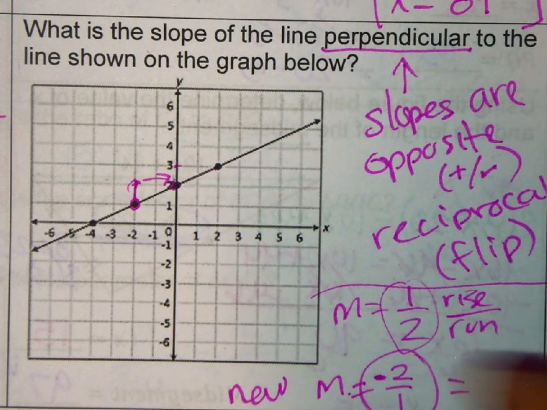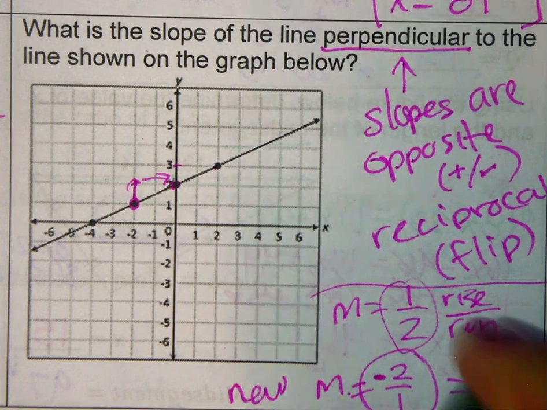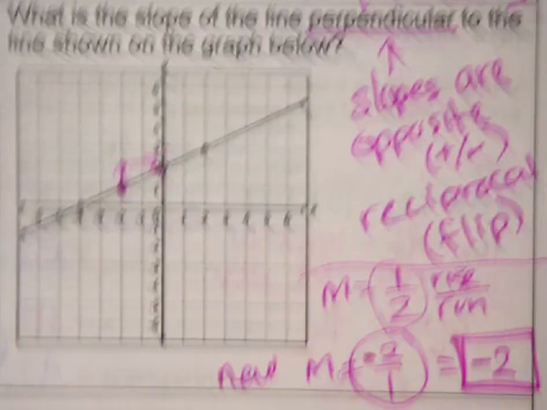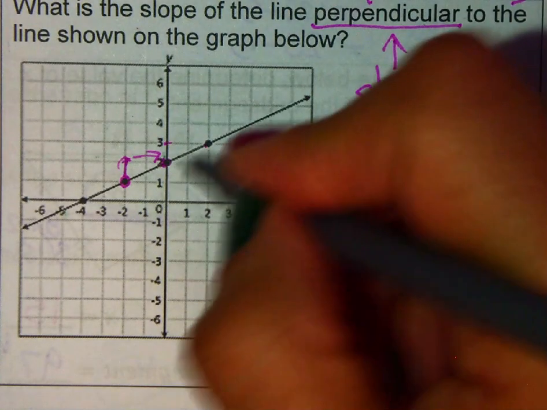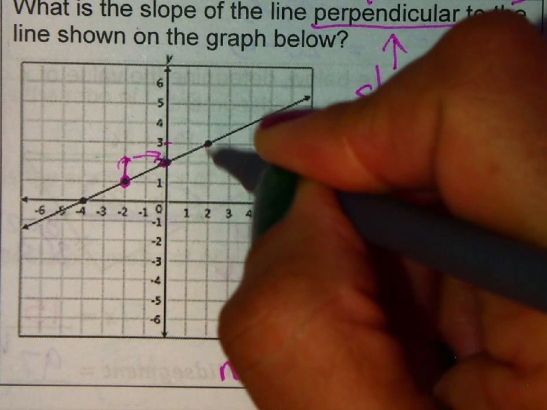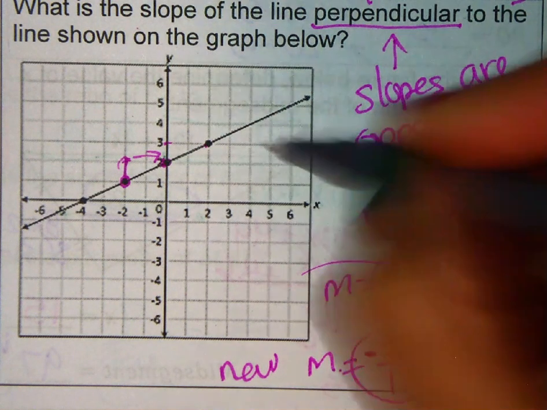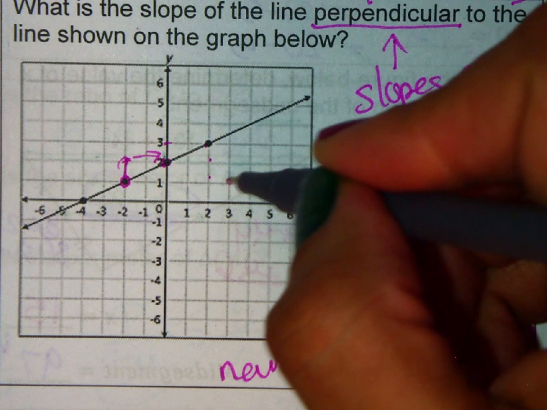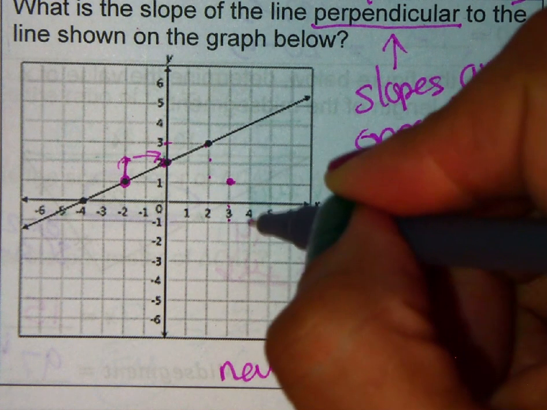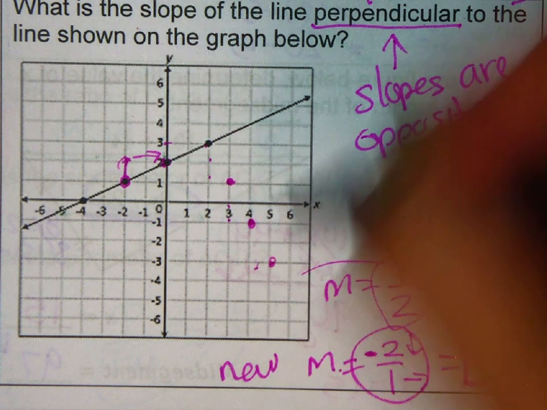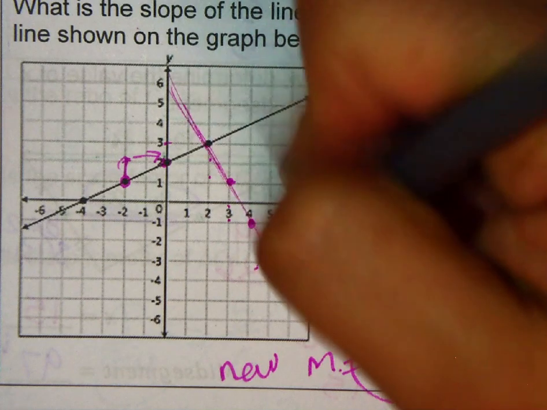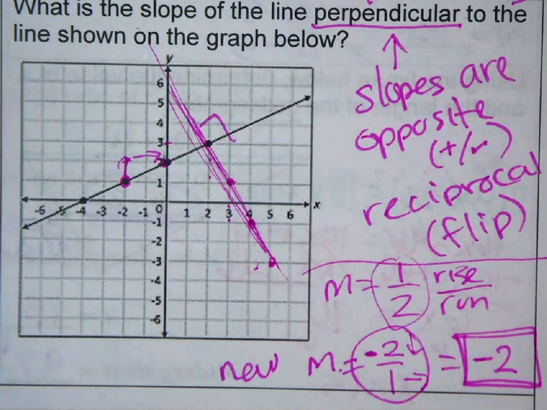So this is the answer that simplifies to -2. And if you think about it, if we want to check, we just pick a point and then go down 2 and across 1. Down 2, across 1. Down 2 and across 1. So this already shows you that it does create that 90-degree angle right there.